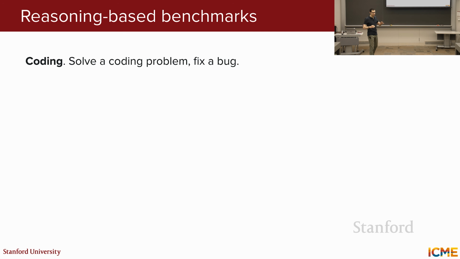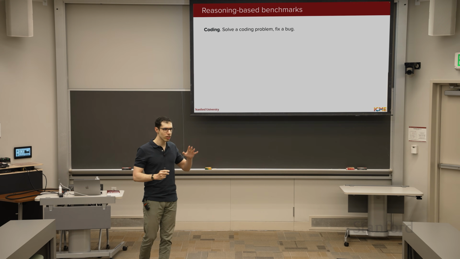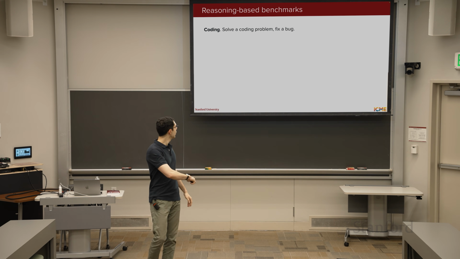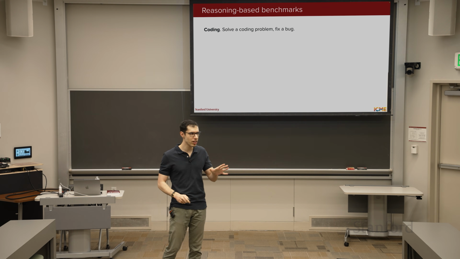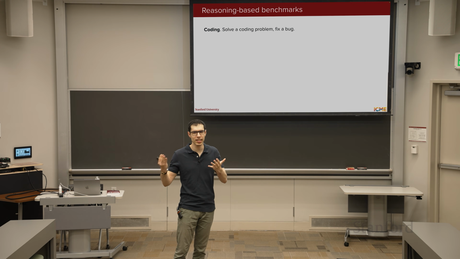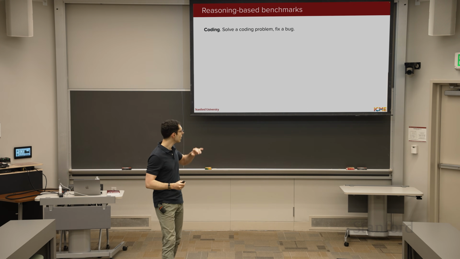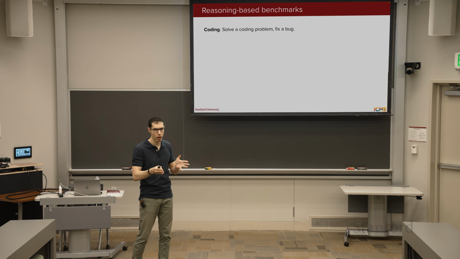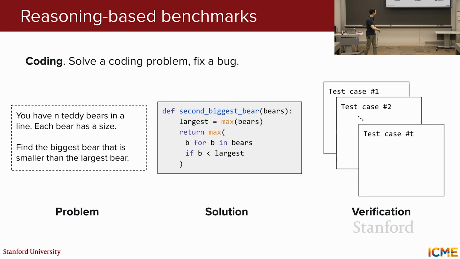Cool. So we talked about what reasoning was, or at least a tentative definition. We saw the core idea behind reasoning models. So now we're going to talk about some of the benchmarks that people use to quantify reasoning abilities. The first one, as I previously mentioned, is about assessing coding abilities. Here, the goal is typically to solve a coding problem or to fix a bug. You typically have the following setup.